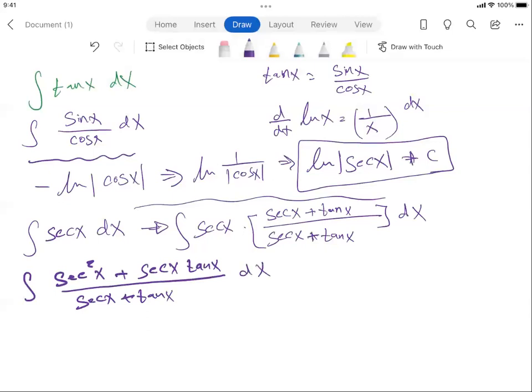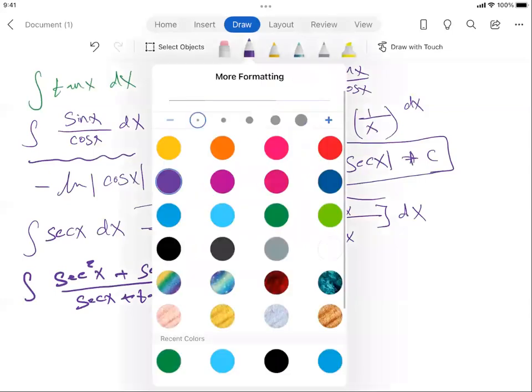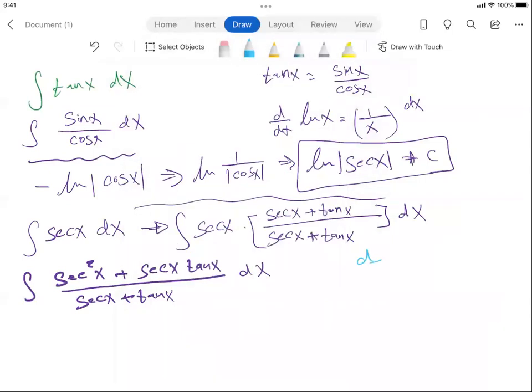Well, we know that d over dx of tangent of x equals secant square of x, and the derivative of secant of x equals secant of x tangent of x.